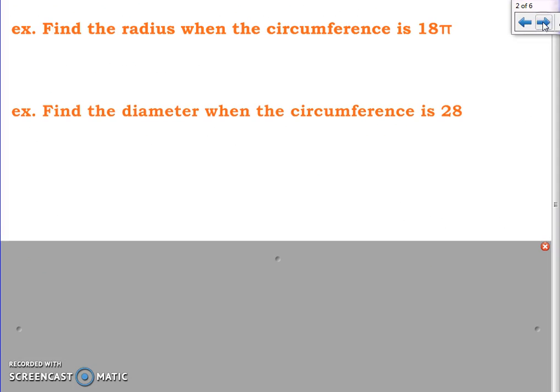All right. So a couple of these. Find the radius when the circumference is 18 pi. So these we work backwards. We're looking for the radius, so we're going to start with the formula that has the radius in it. What do we know on this one? Yep, 18 pi equals 2 pi r.